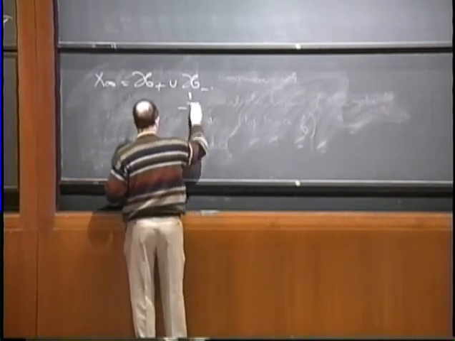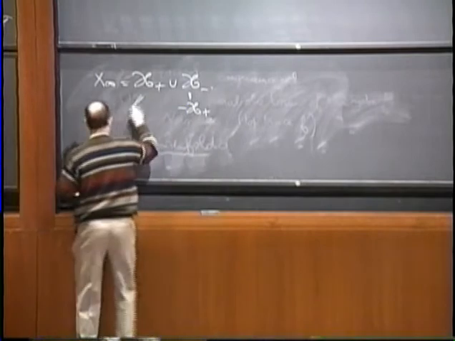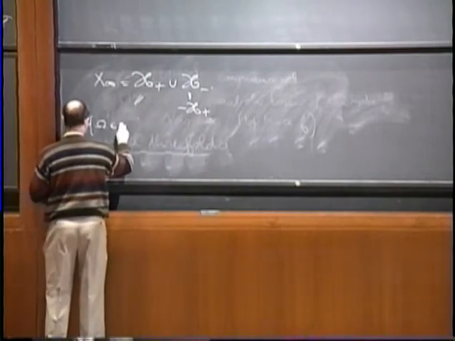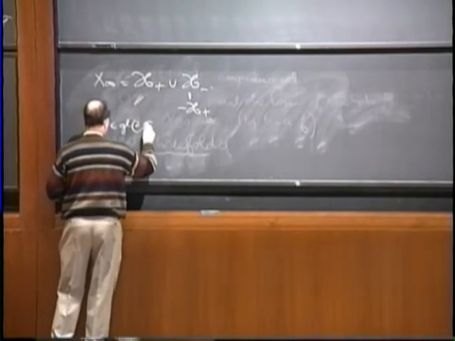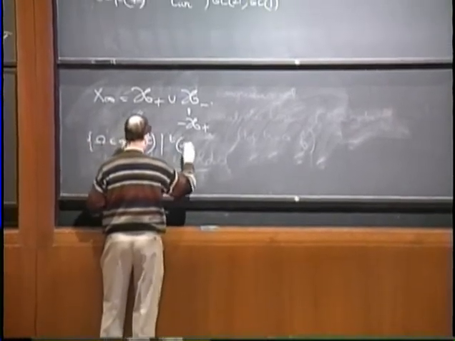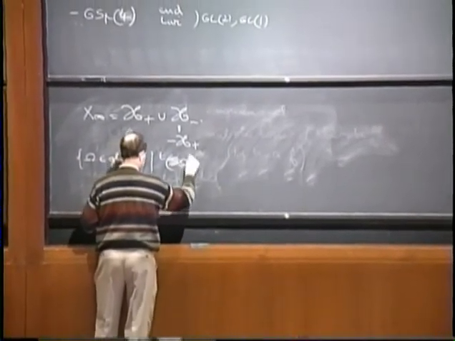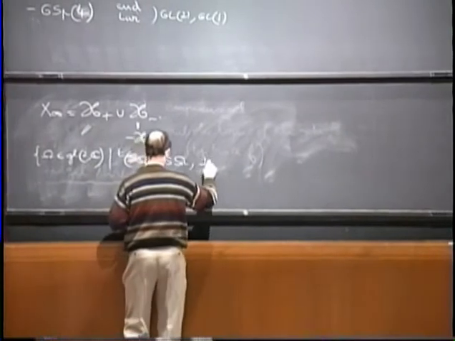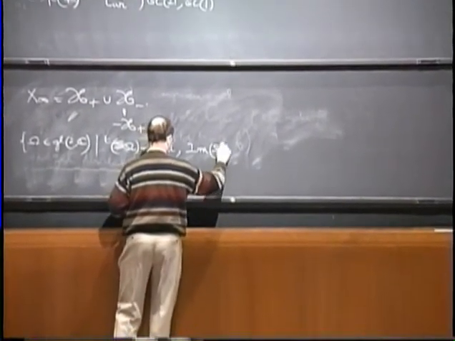So this is H minus union H plus, and this is a set of omega in GL2(C) such that S omega is symmetric, and its imaginary part is positive definite.